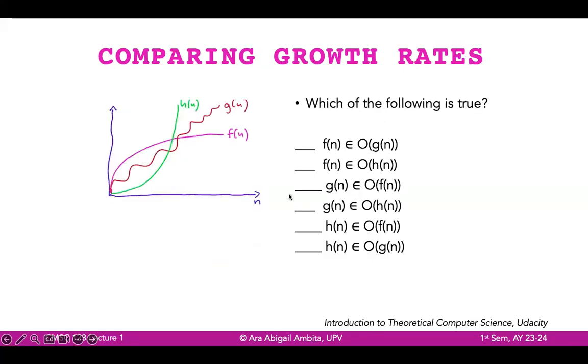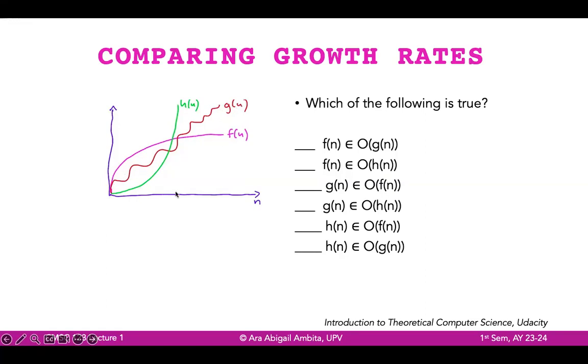So we have here some graph. Okay, so assuming that this is the function f of n, and then we have this function h of n, and this is the function g of n, the red one.